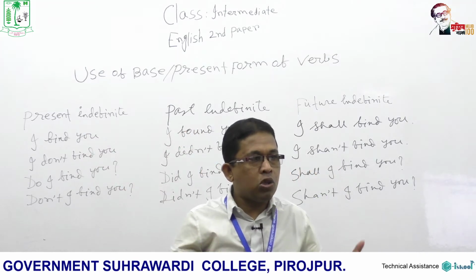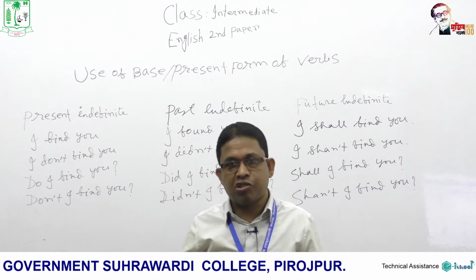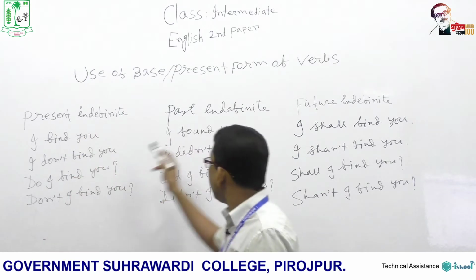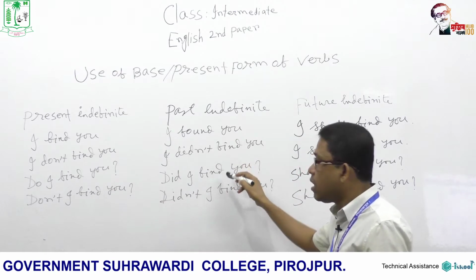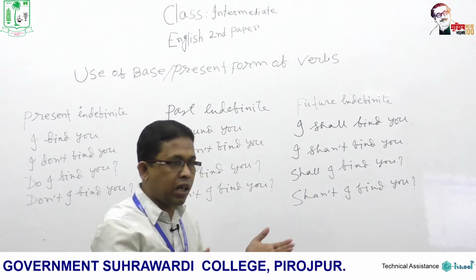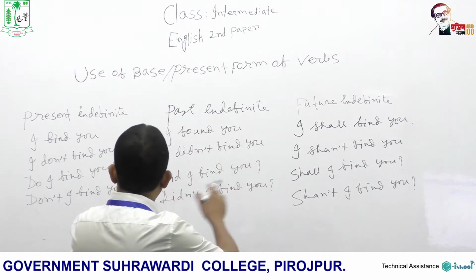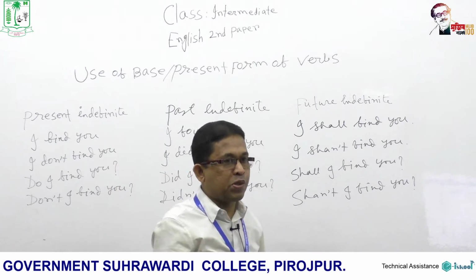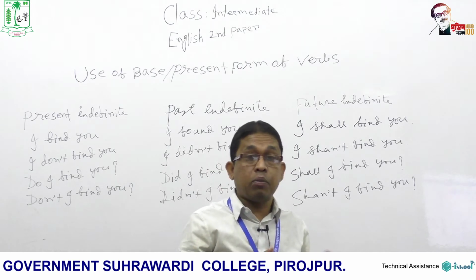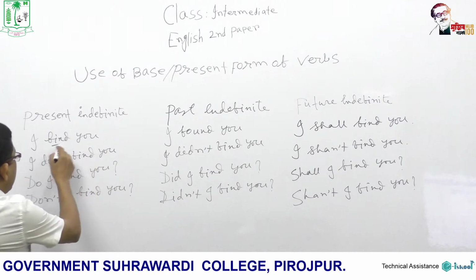In present indefinite tense we get 4 sentences, in past indefinite tense we get 4 sentences, and again in future indefinite tense we get 4 other sentences or structures. So under the heading indefinite tenses we get 12 structures, and I have used the main verb find in each case.